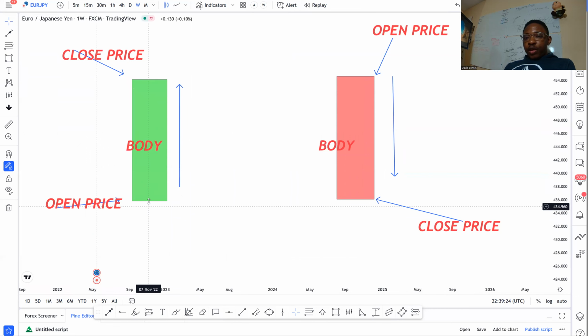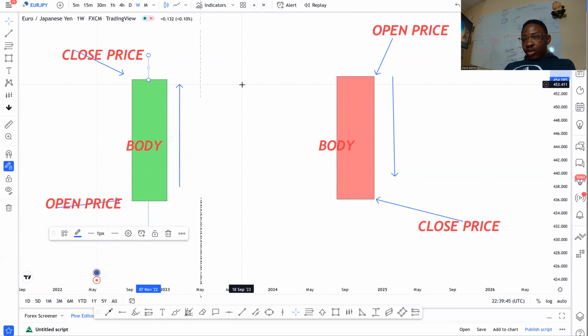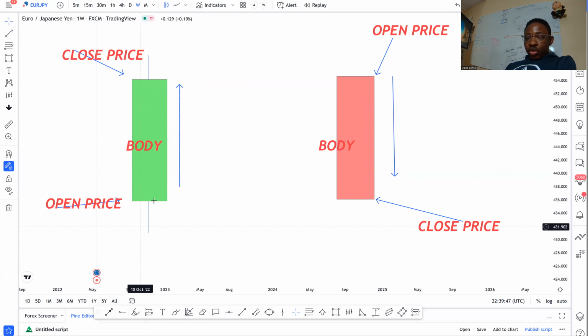If, when we are going up, we open here, but then we come down a little bit before we continue going up, and before we close here we go up a little bit, it leaves what we call a wick, like it's tracing your movement. This leaves us with a trace of wherever we've been to.